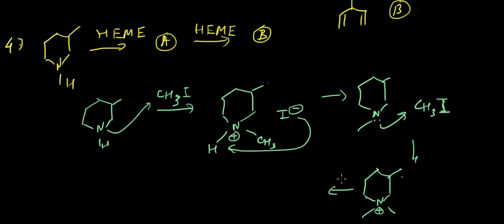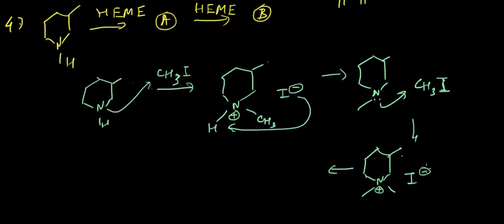Again on passing it with the moist Ag2O, we will get something like AgI will be formed, and Ag OH would be there, with OH minus actually attacking on.